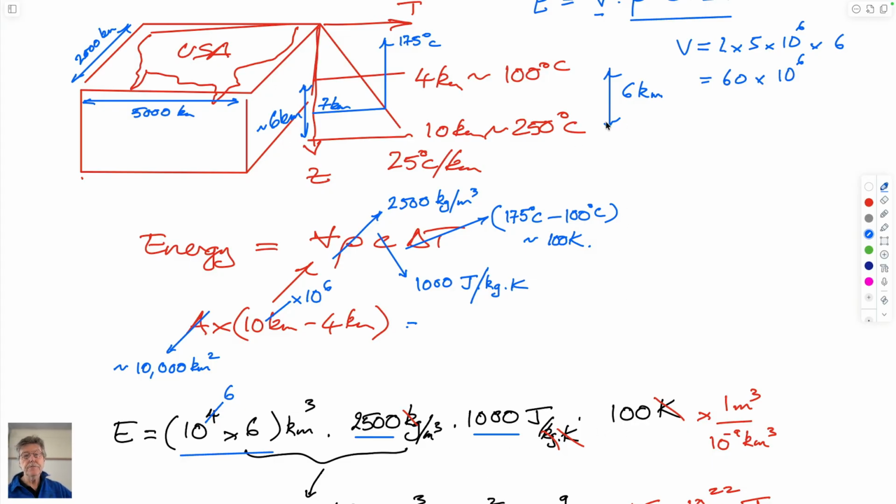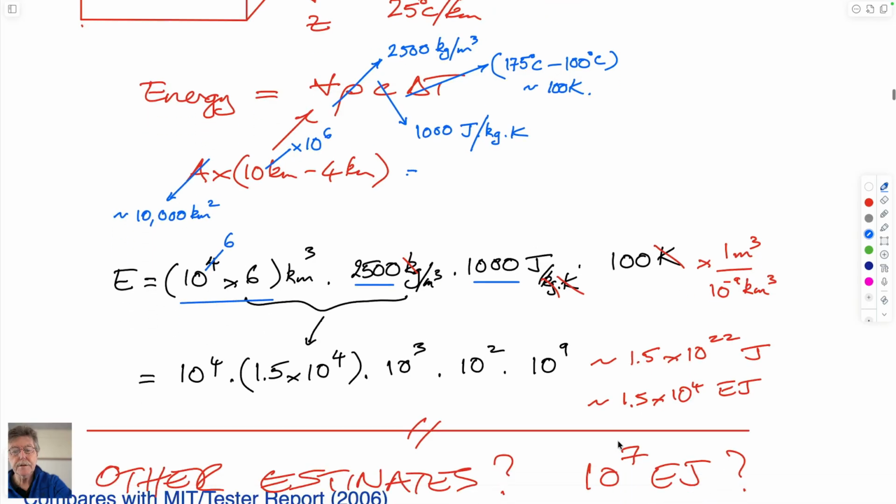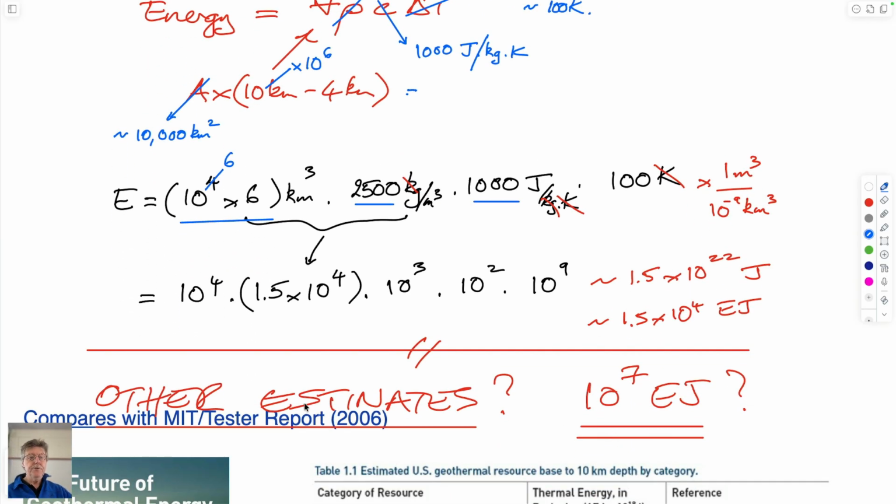And the temperature difference, if we go down from 4 kilometers, if it's at 25 degrees centigrade per kilometer, then 4 kilometers is 100 degrees centigrade. 10 kilometers by 25 degrees centigrade per kilometer is 250. Difference between those is 150. Kelvin or degrees centigrade, it doesn't matter. I've used 100 just to make it simpler. And if you do the math, this should be 10 to the 6.